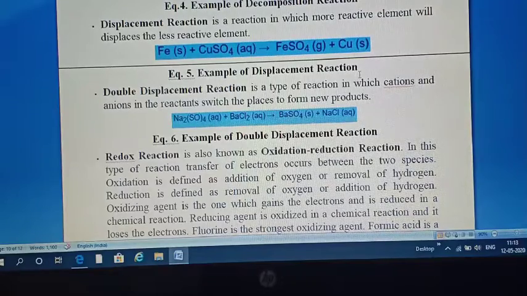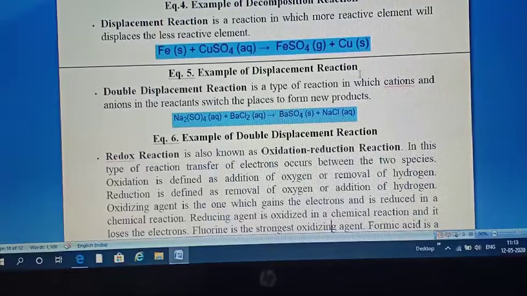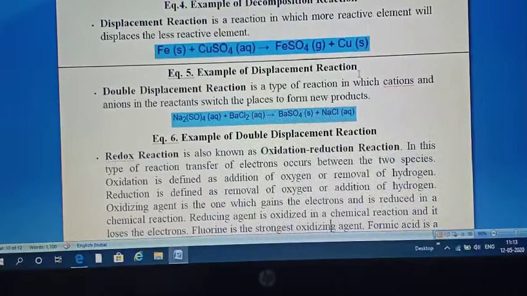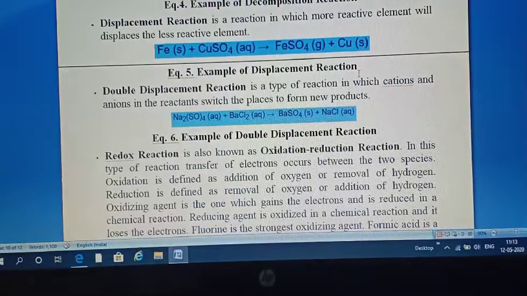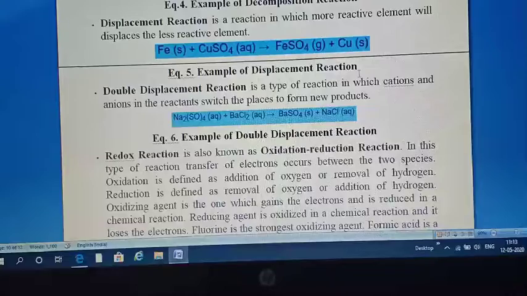Barium chloride displaces the sodium. So the new formation is barium sulfate and NaCl. Here both the products are displaced with each other, so that is considered a double displacement.